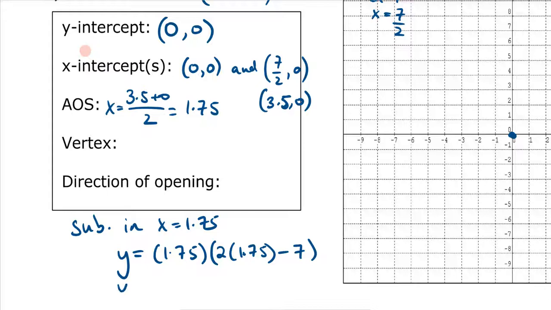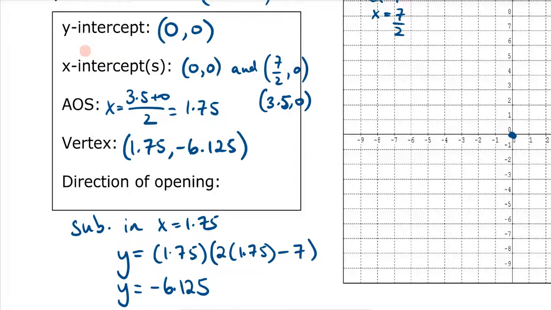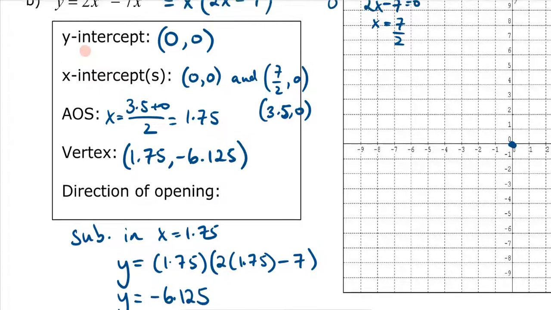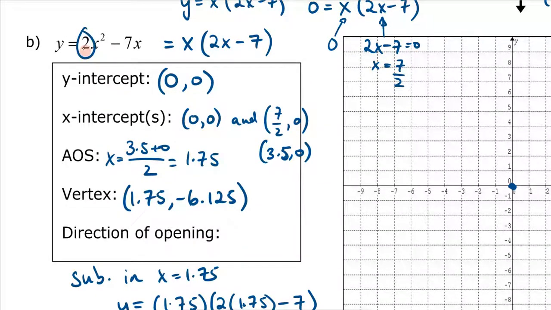And when I evaluate that, my answer will be negative 6.125. So my vertex is 1.75 for my x-coordinate, negative 6.125 for my y-coordinate. Direction of opening, A is positive, so it's going to be up, because A is greater than 0.